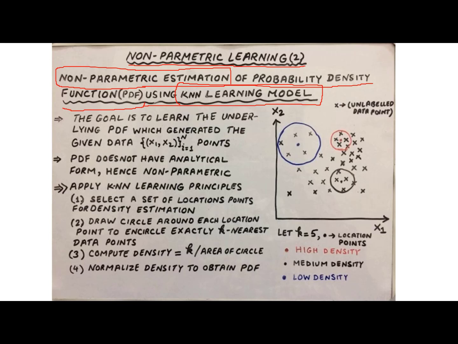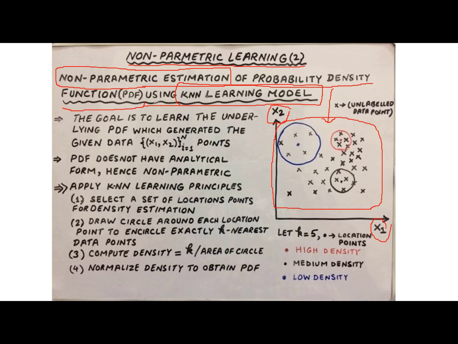In this problem, we are given two component data points, once again x1 and x2, and we assume that all these data points came from some probability density function that we don't know. The labels are not given; in this case, all the data points have the same label. The problem is different. We wish to compute the probability density function which was used to generate these data points.